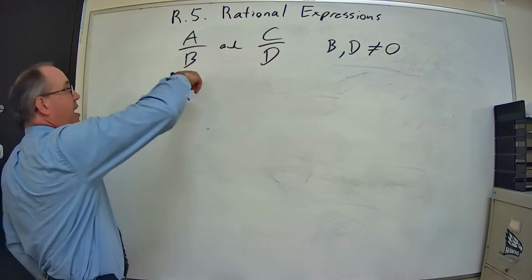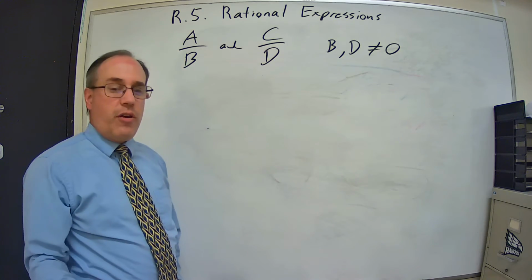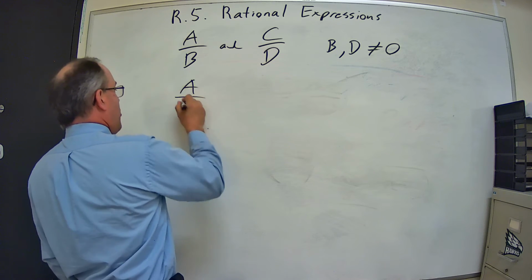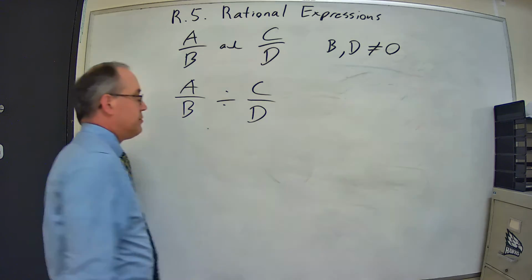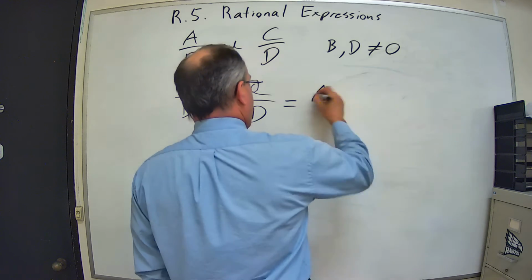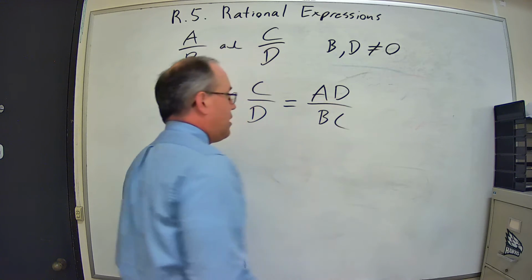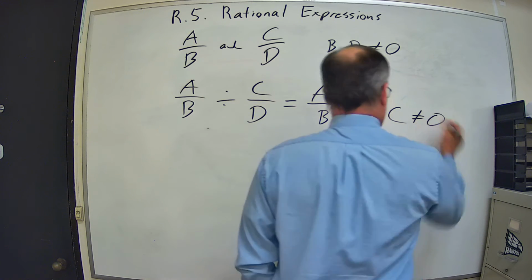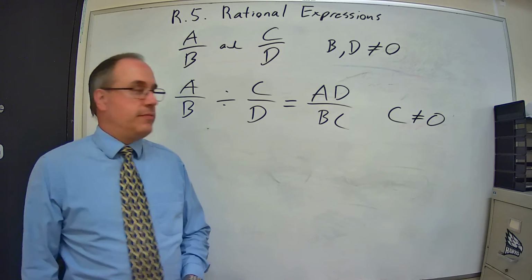So if we have A over B and C over D, where B and D are not equal to 0, then A over B divided by C over D is equal to A times D over B times C, as long as C is also not equal to 0. Right?